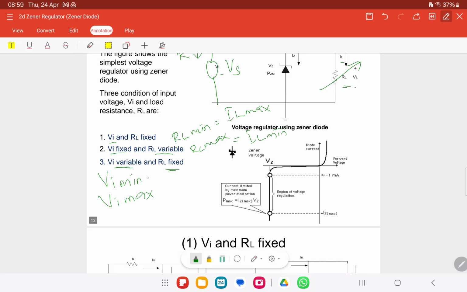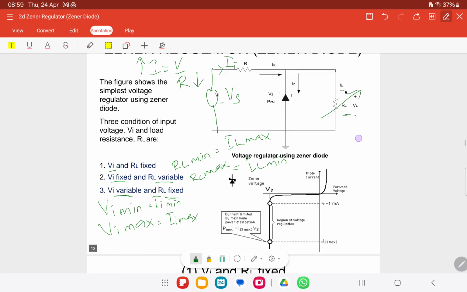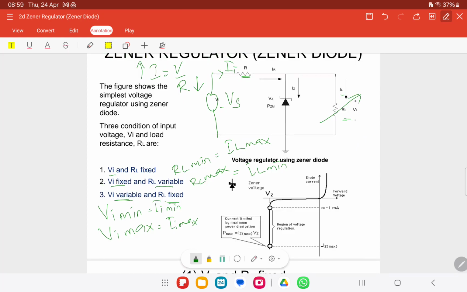So if we have the VI min, we will have I min. This one we will have I max, the I at this resistor R. So this is when we have varying supply but fixed load.